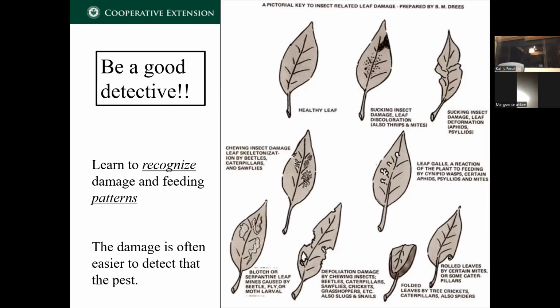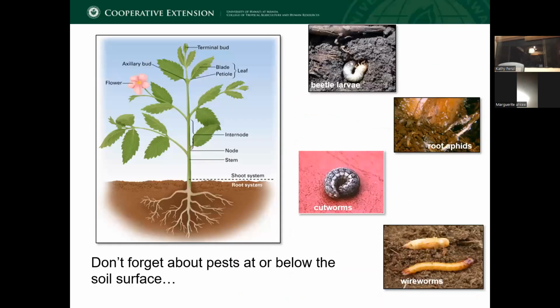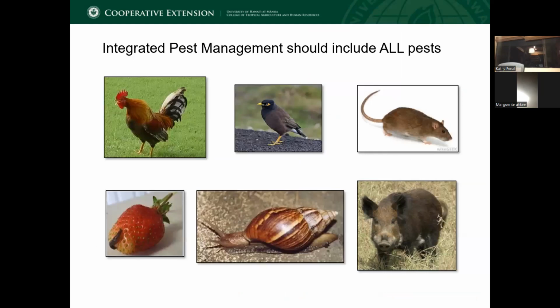So looking at those patterns, and again, ALB, pretty easy to identify. Just a reminder, want to make sure when we're thinking about pests, we're thinking about things that might be at or below the soil surface, as well as in the canopy, and also including vertebrate and invertebrate pests in our assessments.